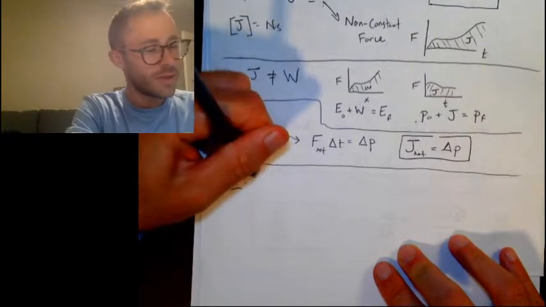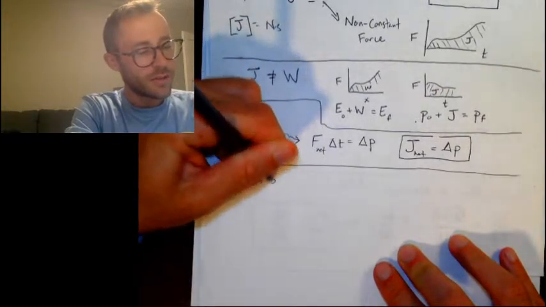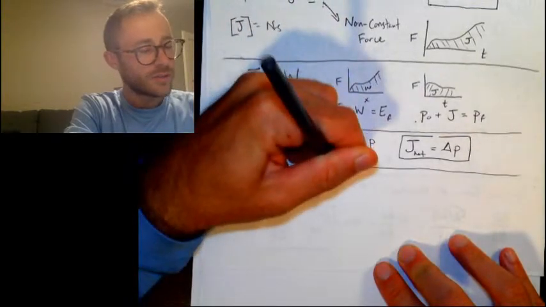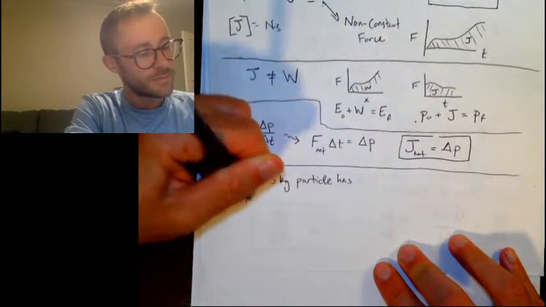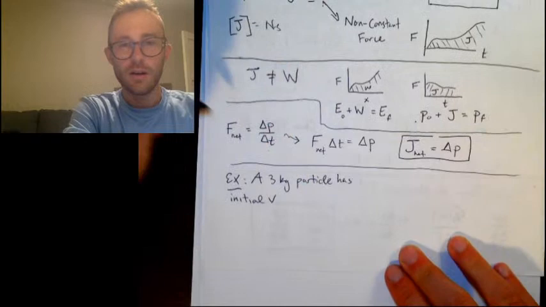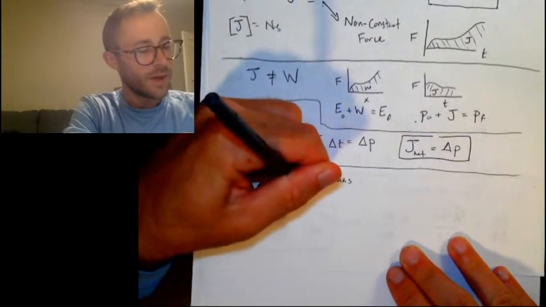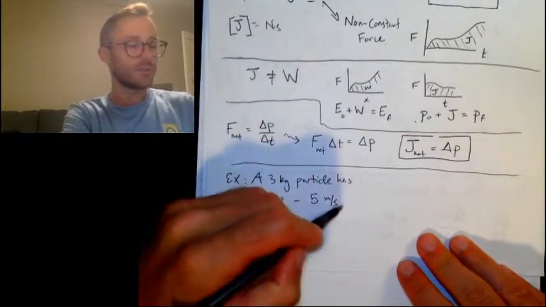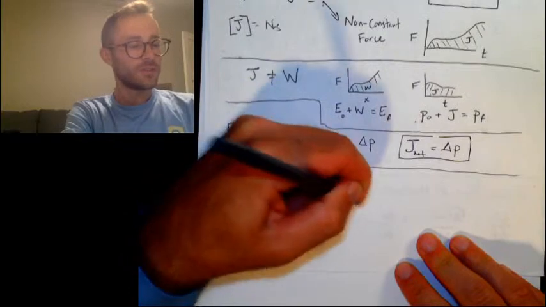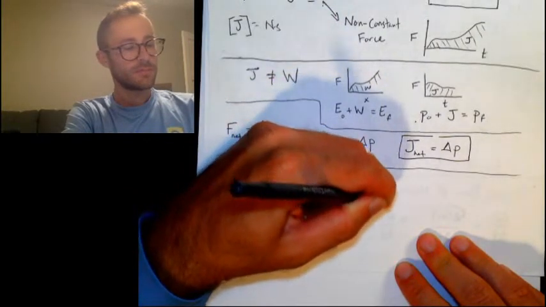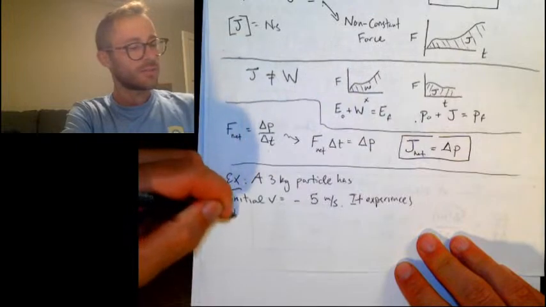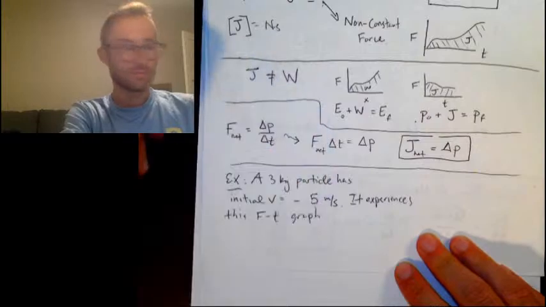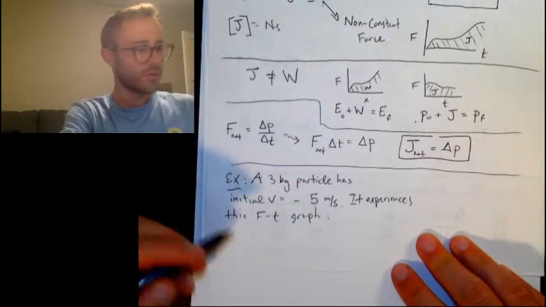Let's suppose that we have a 3 kilogram particle that has initial velocity equal to -5 meters per second, so it's going to the left. It experiences this force time graph that I'm about to draw.